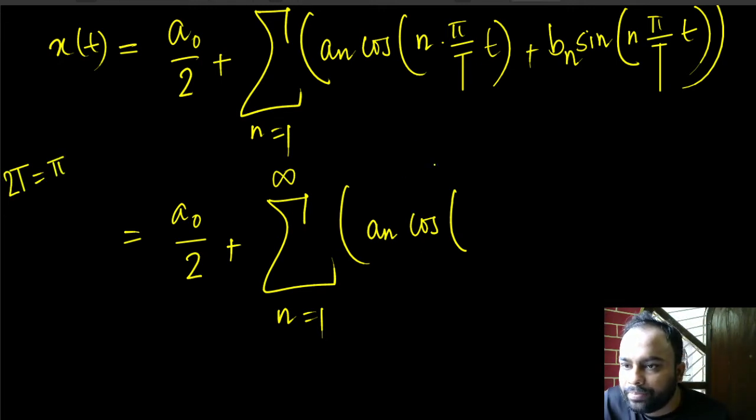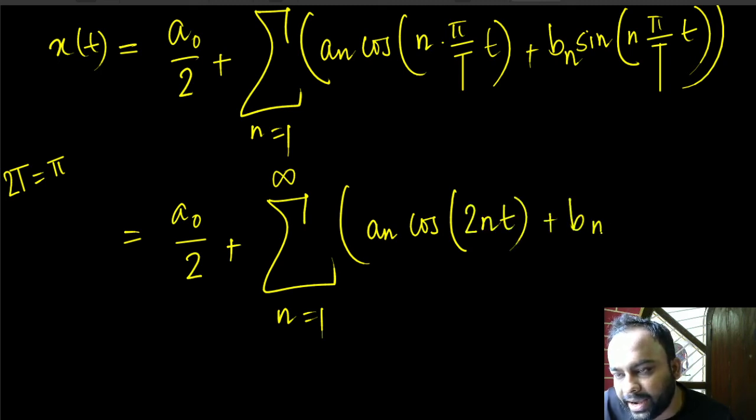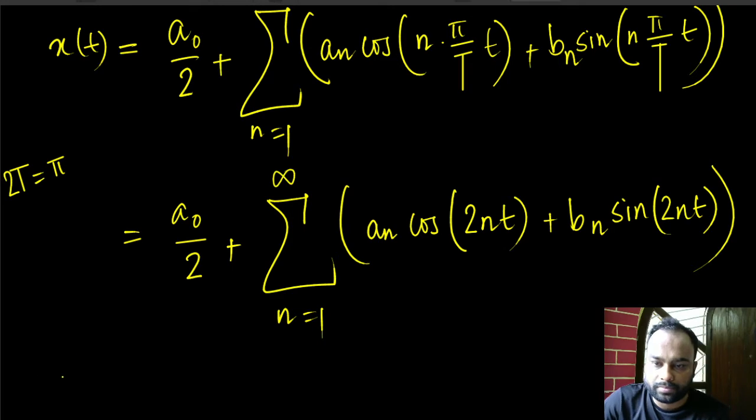So I would get an cos 2nt plus bn sin 2nt, and like that.